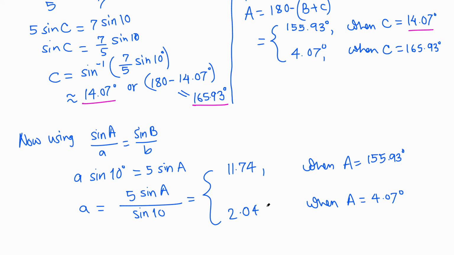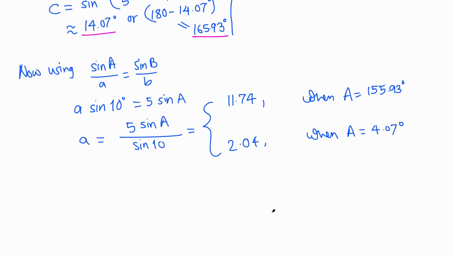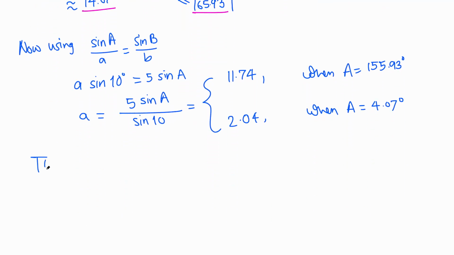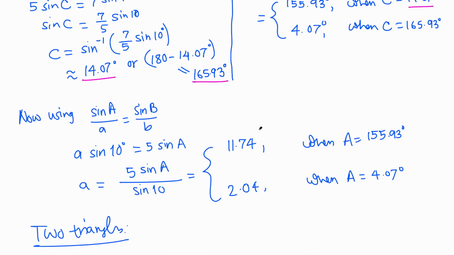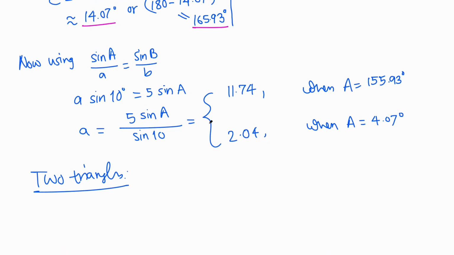Now we got two triangles. If we want to write down everything, we are given b, c, and angle B. So if you want to list them: a, b, c, angle A, angle B, angle C, for the first triangle and the second triangle.